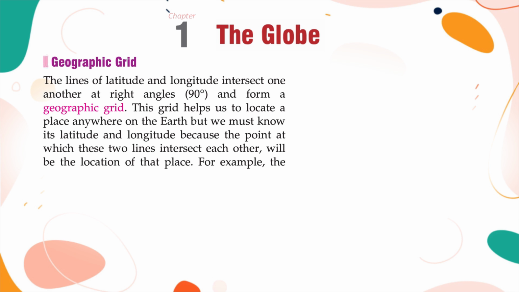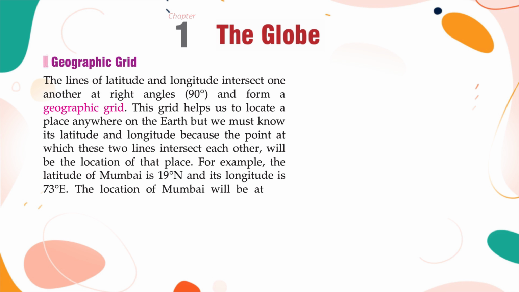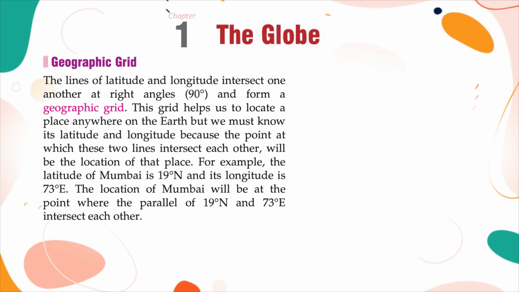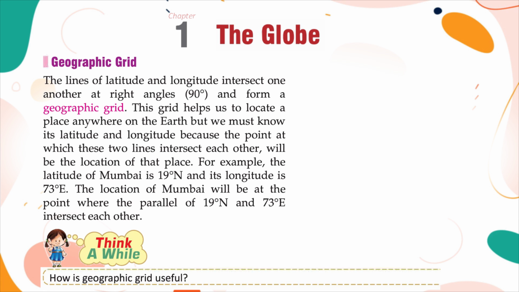For example, the latitude of Mumbai is 19 degrees N and its longitude is 73 degrees E. The location of Mumbai will be at the point where the parallel of 19 degrees N and 73 degrees E intersect each other. Think a while. How is geographic grid useful?